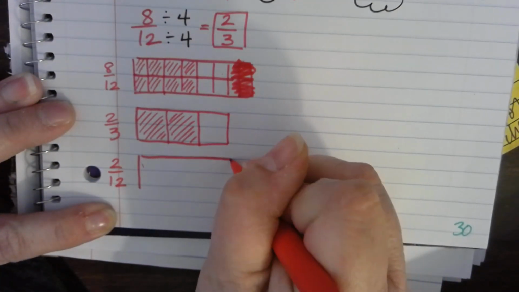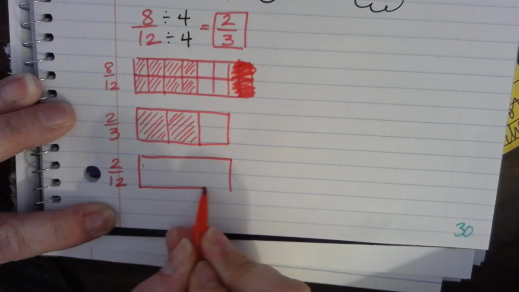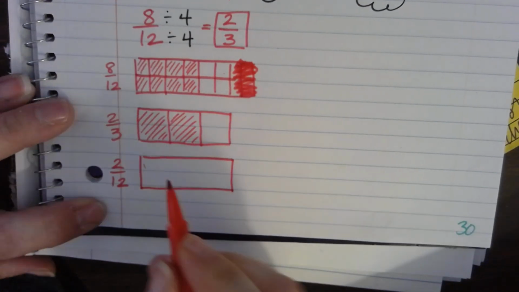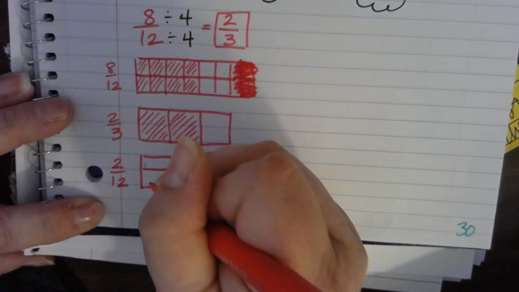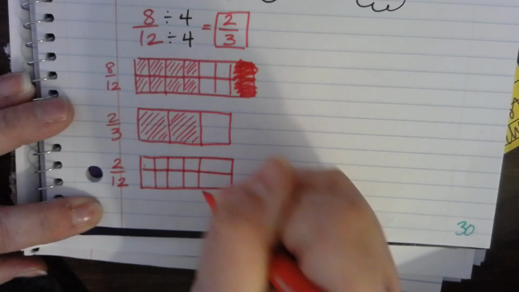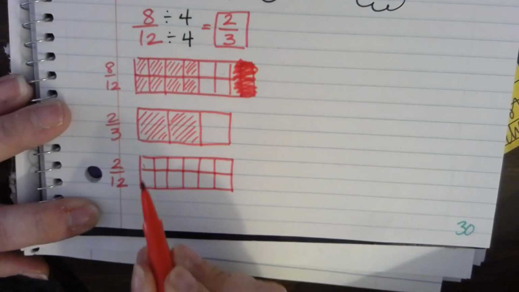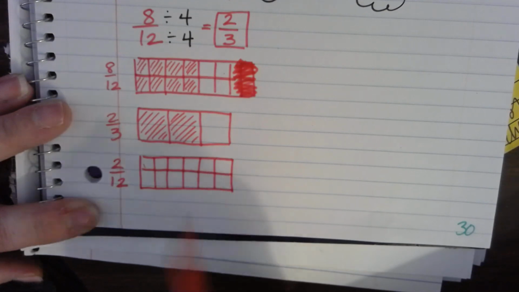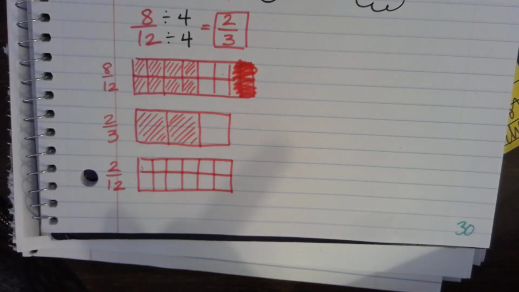So try to make that about the same. 2, 4, 6, 8, 10. So 1, 2, 3, 4, 5, 6. Make sure that yours has about 12. And then once you have that, go ahead and shade in 2 out of 12.